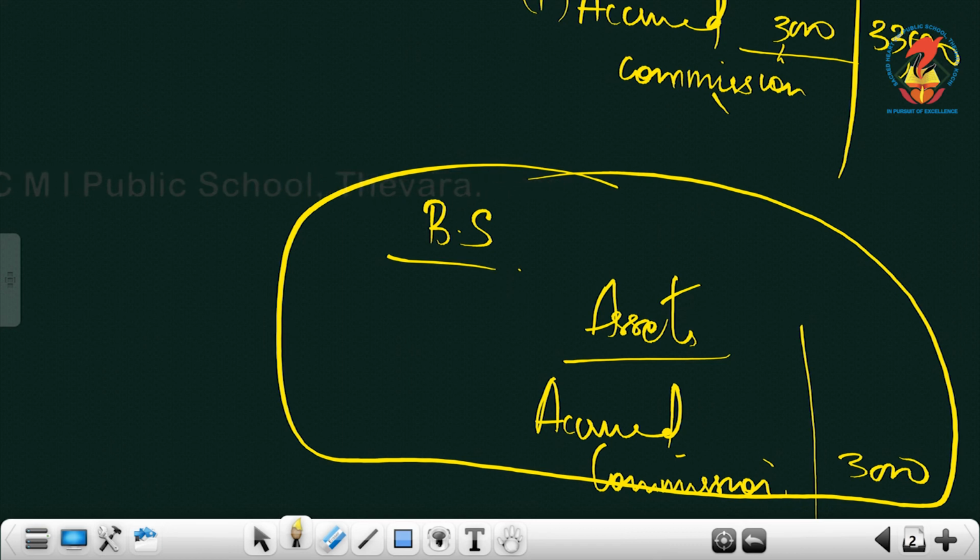Then the fifth one, unearned income or income received in advance. What you receive in advance is basically a liability. What you pay in advance is an asset.